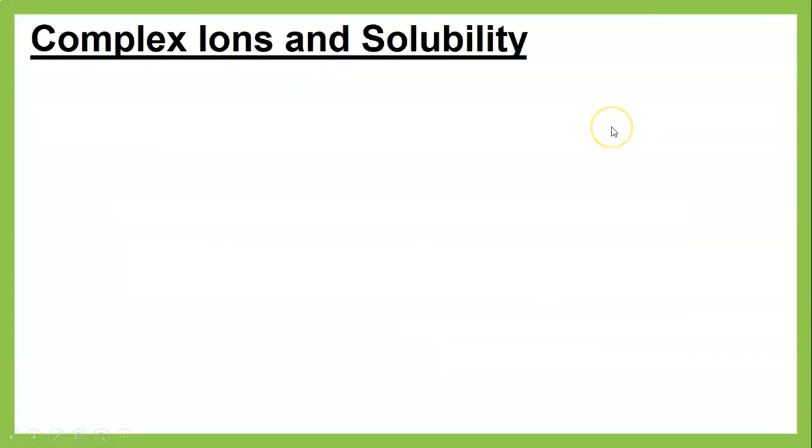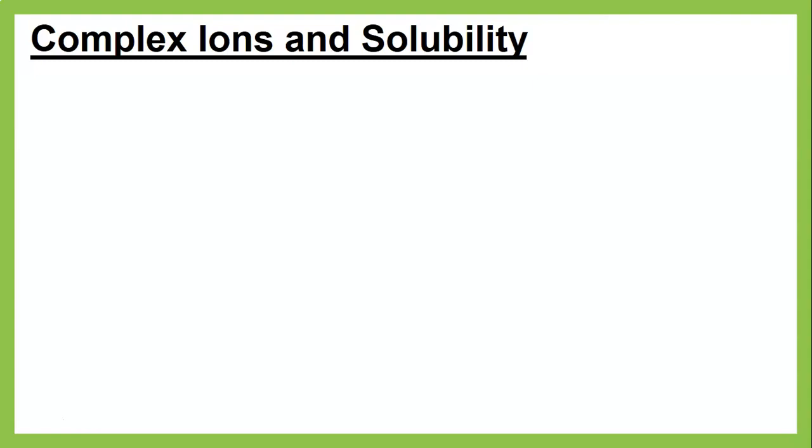The reason I'm tossing this into the KSP lecture is because these weird ions that form can affect the solubility. And this is where I think maybe College Board would give you a problem that says, the solubility is lower than we expected. What might be a reason for that?